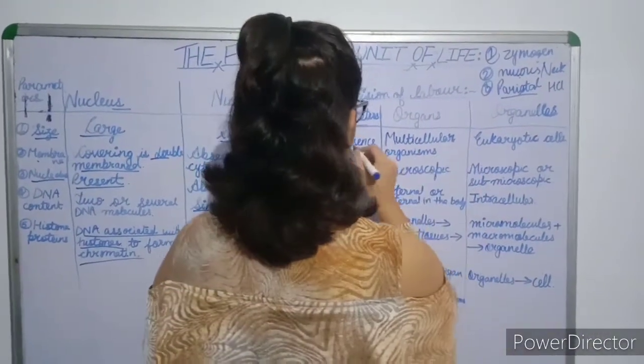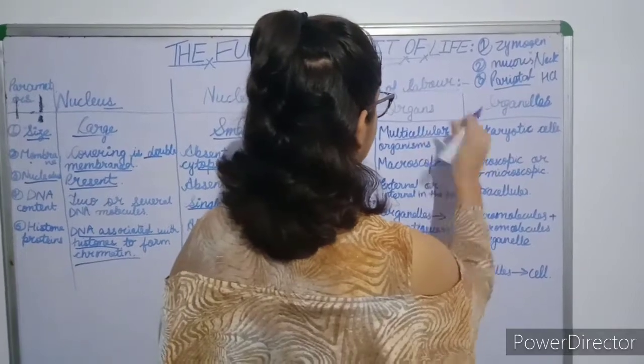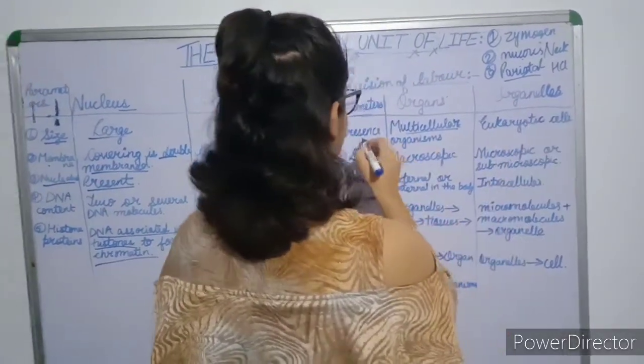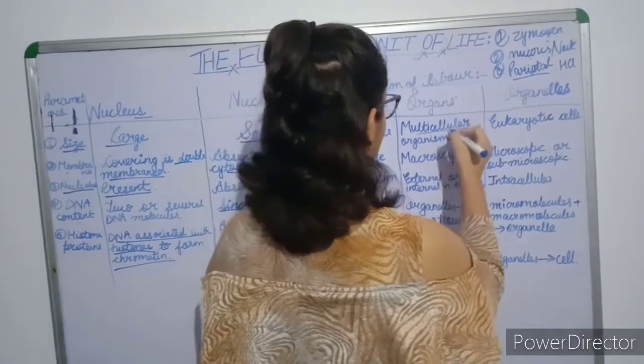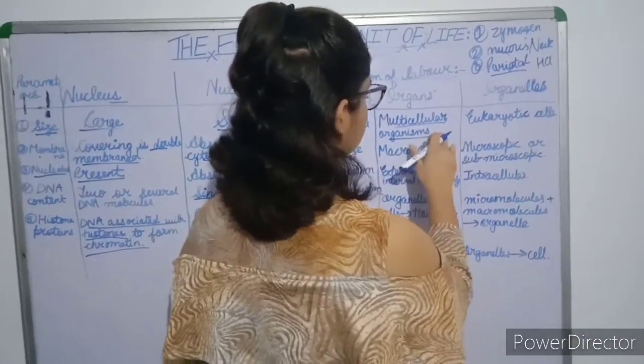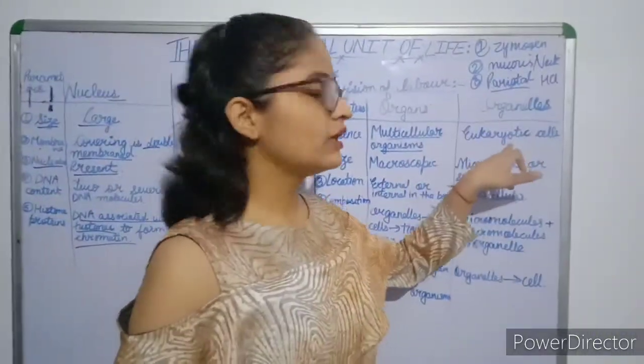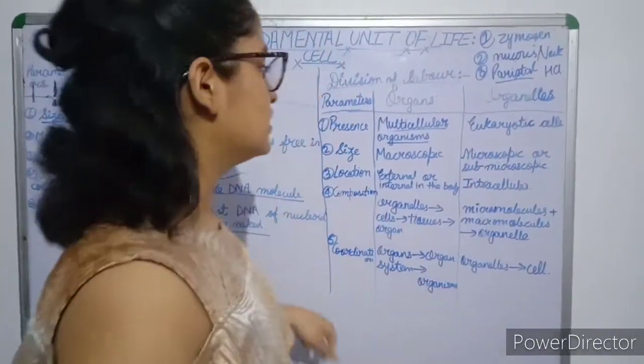Now, this is a distinction table between an organ and an organelle. Presence: organs are present in multicellular organisms, and organelles are present in eukaryotic cells.